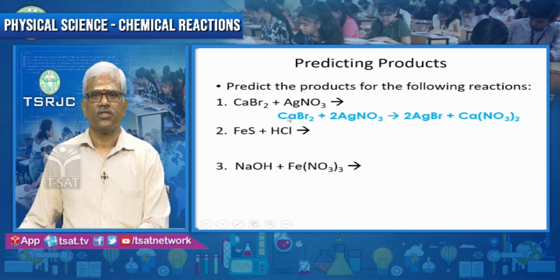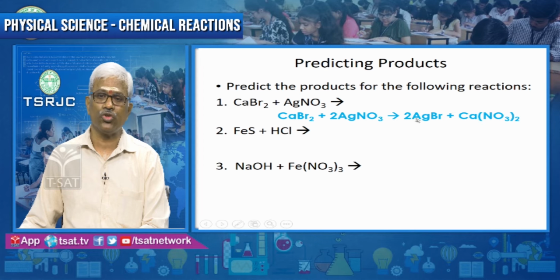Now, calcium bromide plus silver nitrate, you will get silver bromide. Br2, that is replaced. Actually, Br2 is not replaced. During the balancing of the chemical equation, we change the coefficients accordingly to balance it.